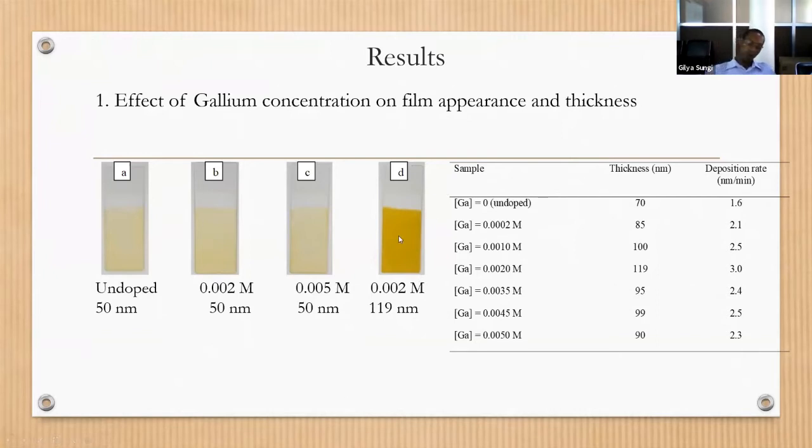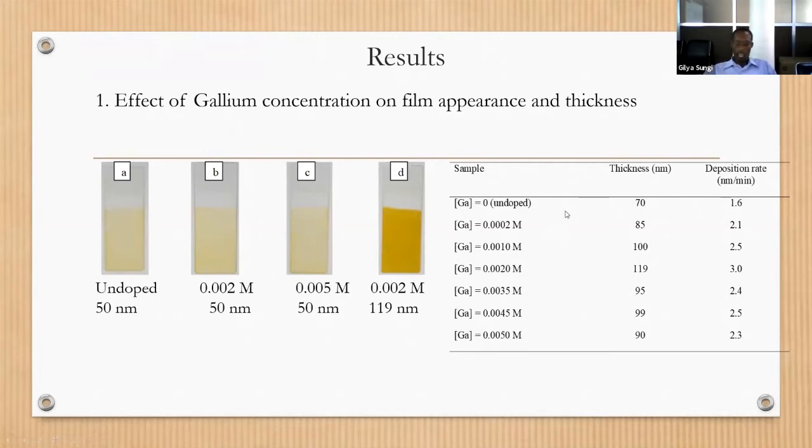This sample, which is seen to be different in appearance, the difference is due to the thickness. So we can say that the gallium concentration does not affect the appearance.